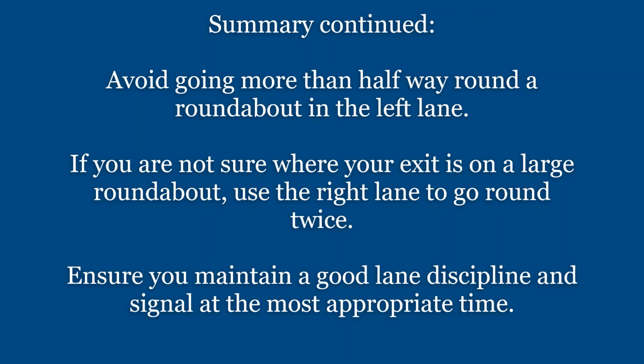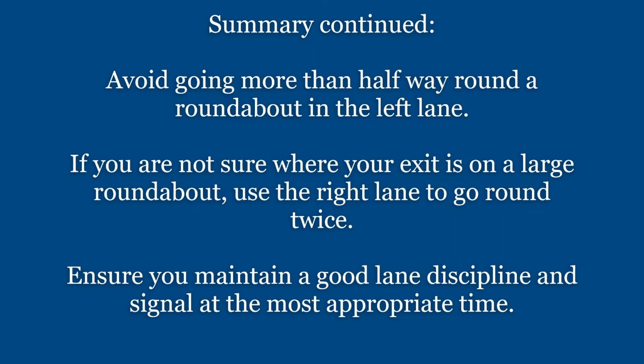If you're on the roundabout in the left-hand lane, always be aware of vehicles approaching on your right-hand side as you go past an exit. They may cut across you to leave at that exit. A rule of thumb would be to avoid going more than halfway round the roundabout in the left lane.